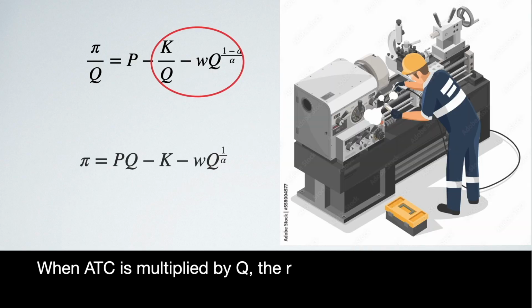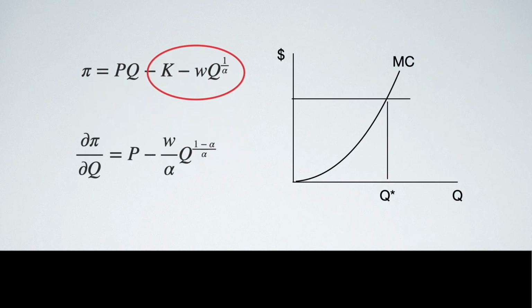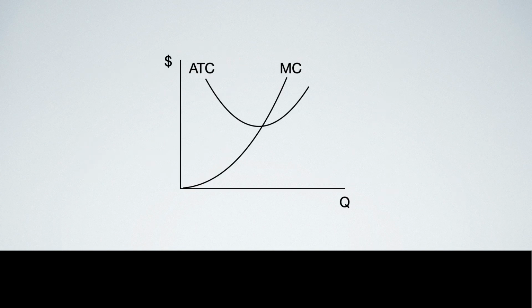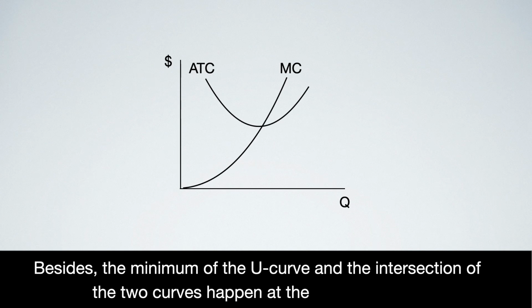When ADC is multiplied by Q, the result is still total cost in the Chamberlin profit function. The MC so derived is still the standard one. Besides, the minimum of the U-curve and the intersection of the two curves happen at the same quantity.